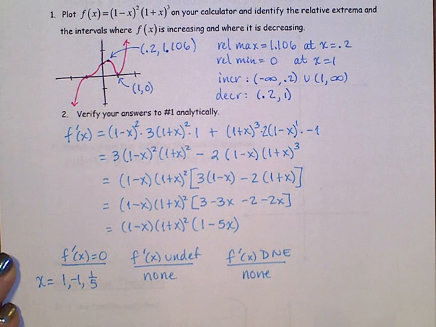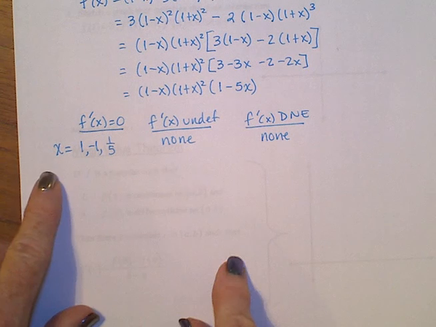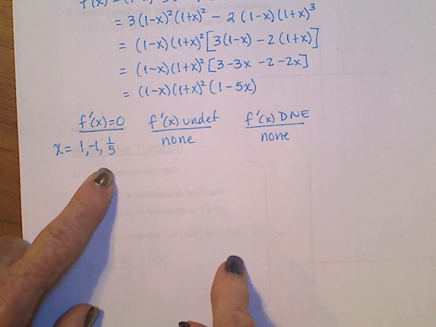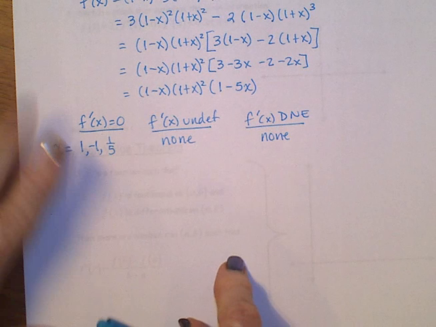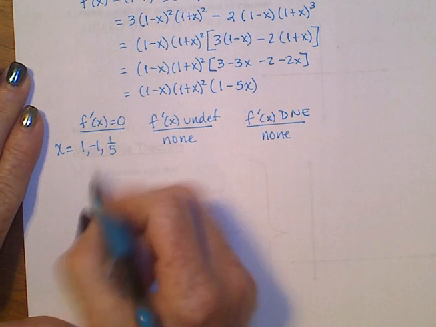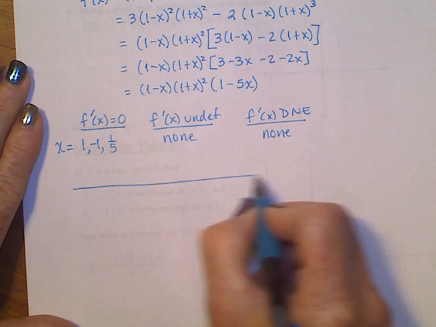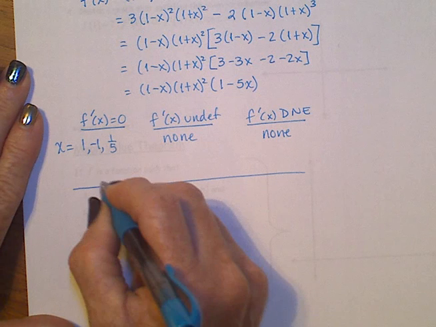All right, once we have those values then, these critical numbers, we are going to go ahead and create a chart, a superchart. We did this a while ago when we were doing rectilinear motion. Do you remember the particle moving back and forth along a horizontal or vertical line?